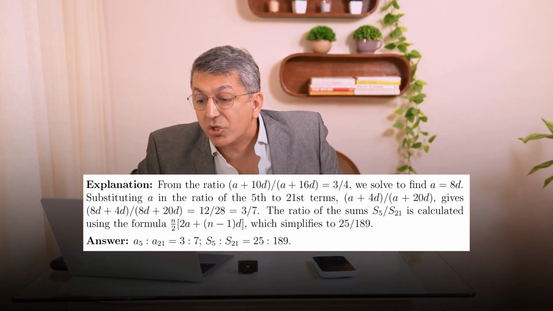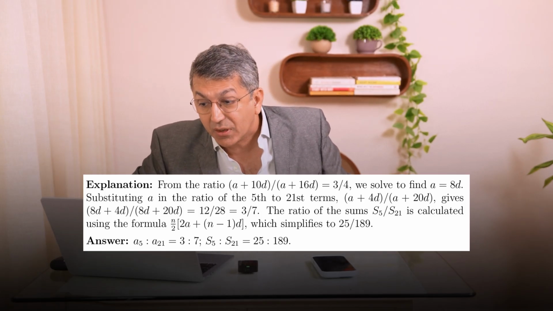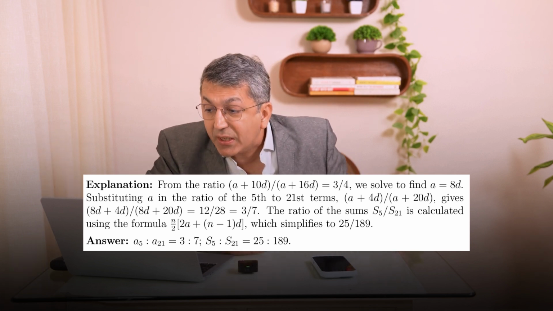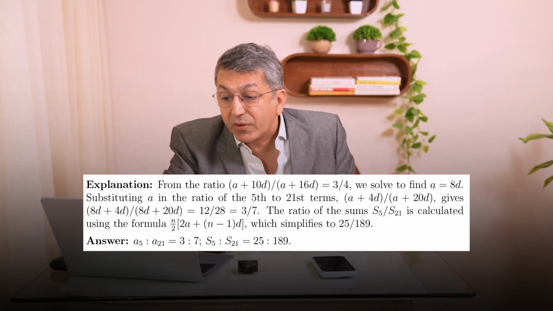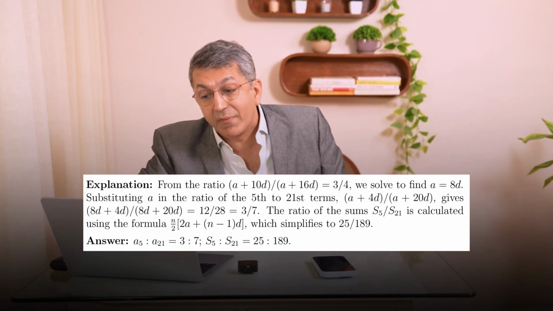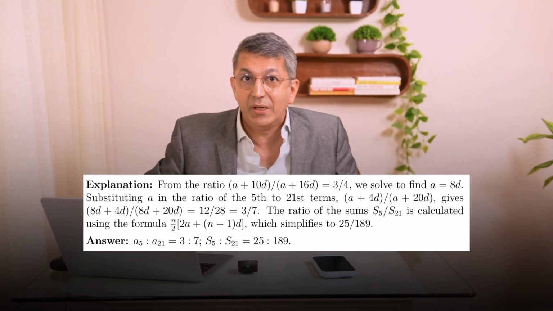Substituting a in the ratio of the 5th to the 21st terms, in brackets a plus 4d divided by a plus 20d, gives 8d plus 4d divided by 8d plus 20d, which is equal to 12 divided by 28, which is equal to 3 divided by 7.